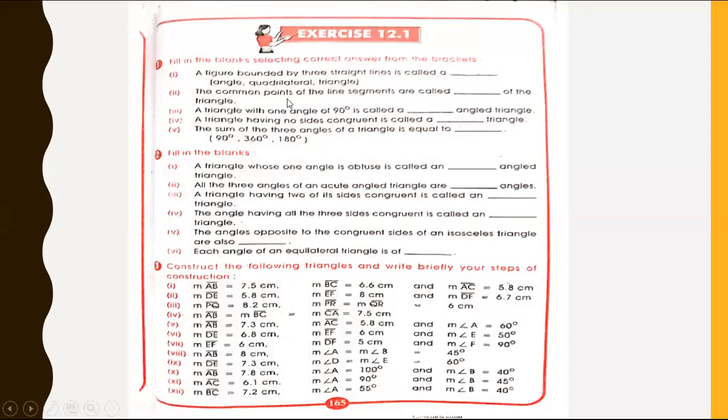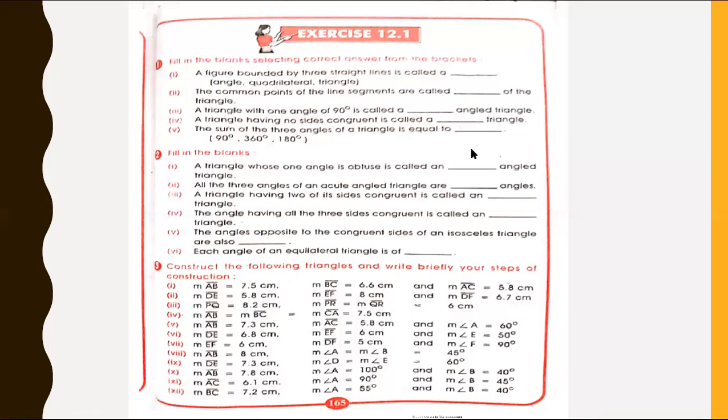Very good. The common points of the line segments are called dash of the triangle. What I told you, Halima, that the common point of the line segments are called what? Yes, Subhana. Rumesa, Umar, Arif, Kainat, Halima, Ayman, tell me quickly. The common points of the line segments are called vertices.